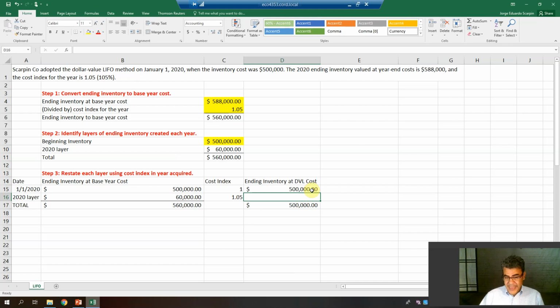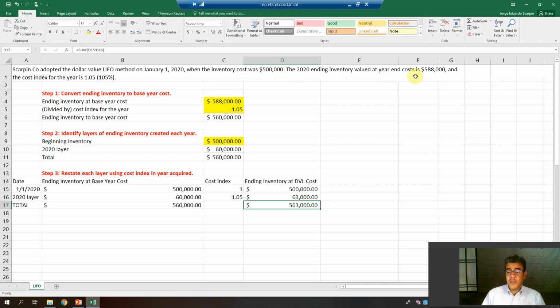And the layer is at beginning year prices, so we need to bring it to ending year prices. So 60 times 1.05. So here, based on LIFO, our ending inventory would be 563, lower than 588 on FIFO.